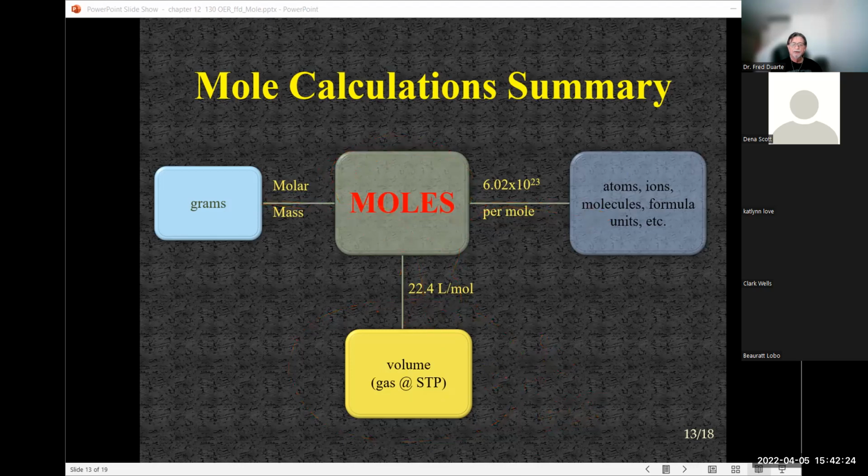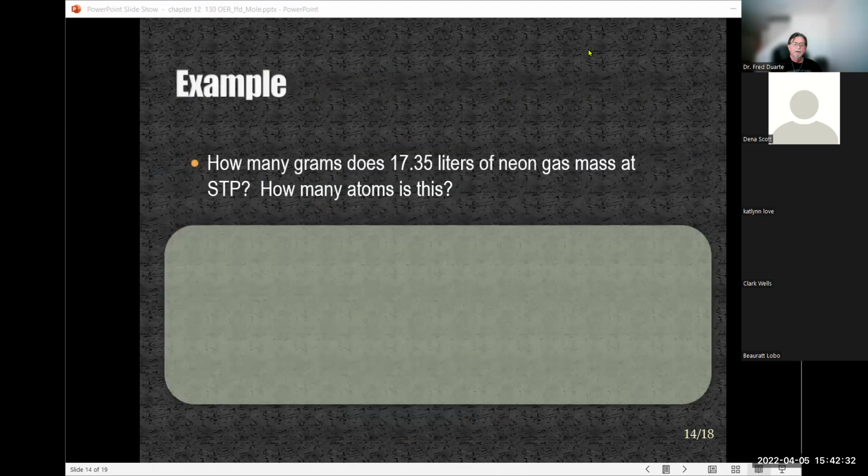Any questions right now before I continue? Any questions? All right, well, here's an example of a problem that's asking how many grams 17.35 liters of neon gas has at STP.